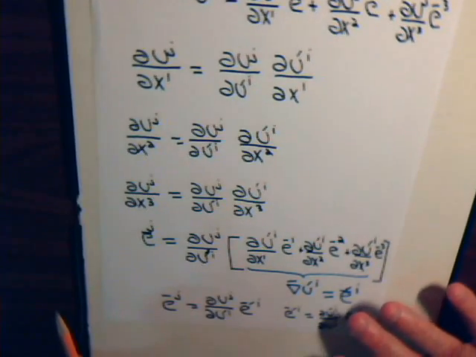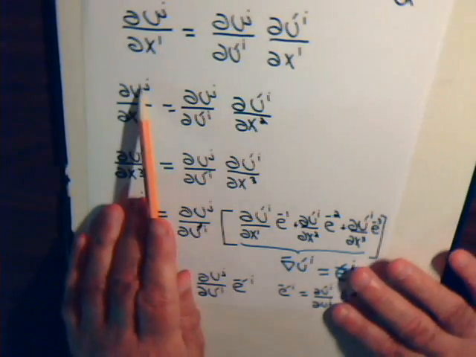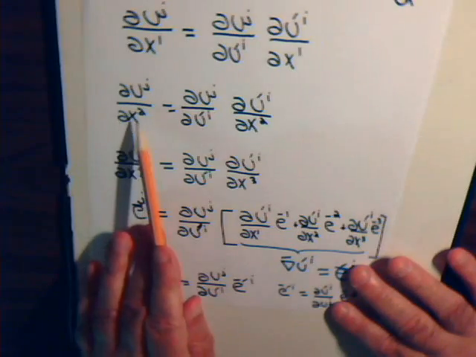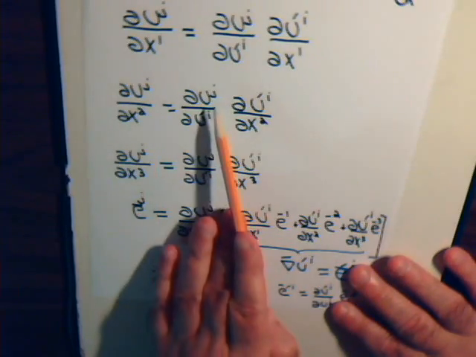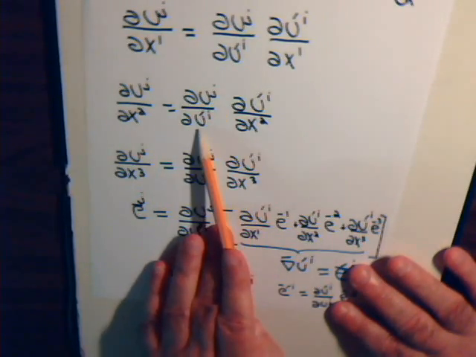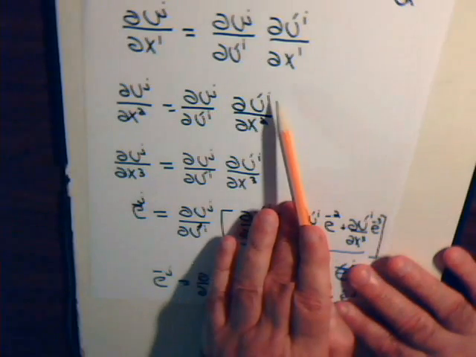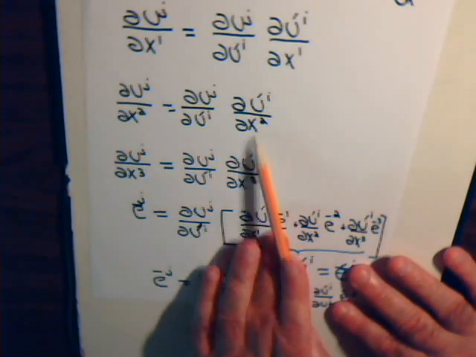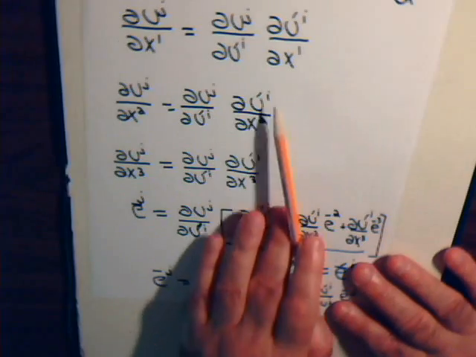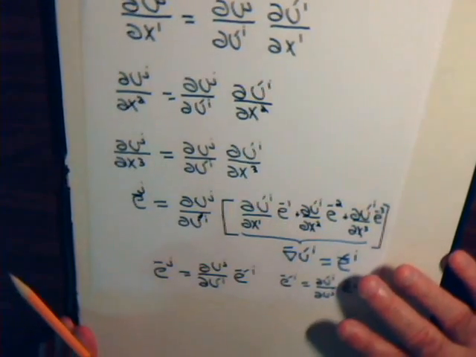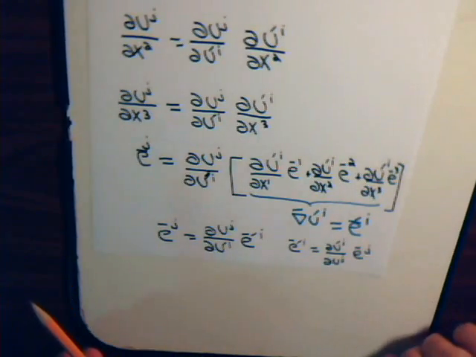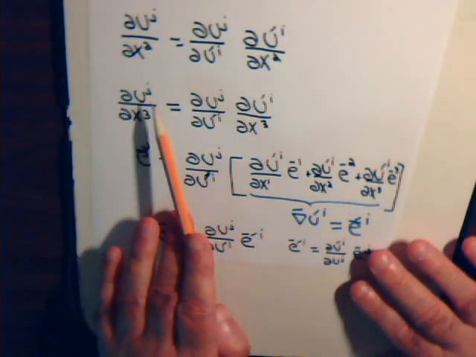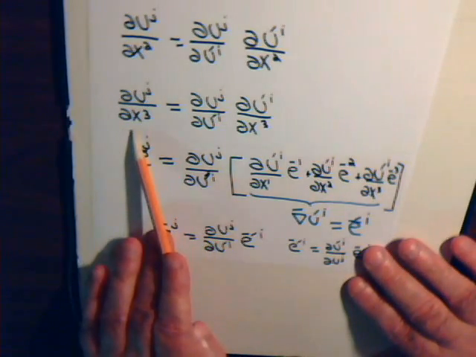Likewise, we can say that the partial of uj with respect to x2 would be the partial of uj with respect to ui prime. Then we have the partial of ui prime with respect to x2. Again, just applying the chain rule. And down here, we're going to apply the chain rule one more time. Partial of uj with respect to x3.